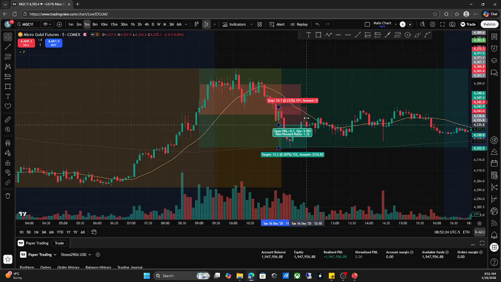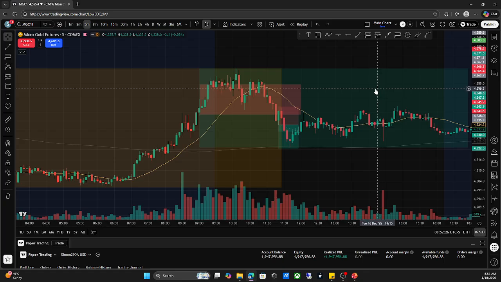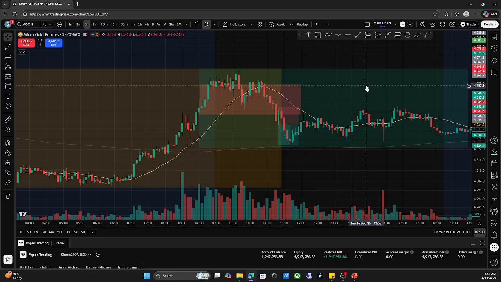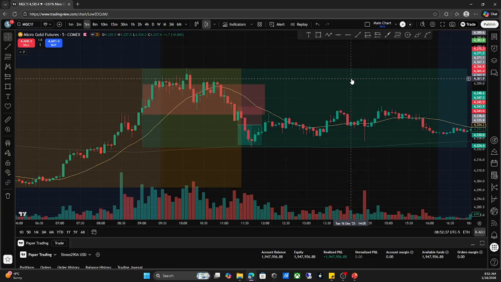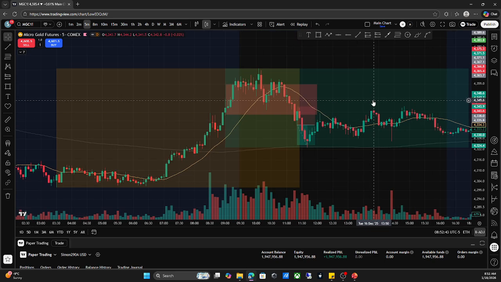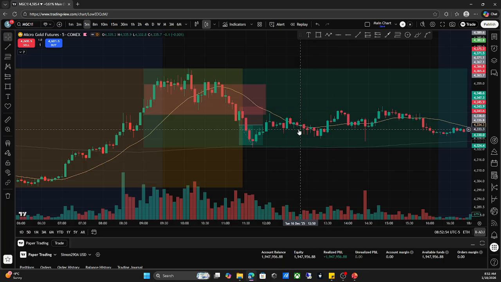My stop loss is very wide, but 1 to 1 would have been achieved, but this trade would have been risky. I wouldn't have entered it just by the look of it, but I'm taking it.